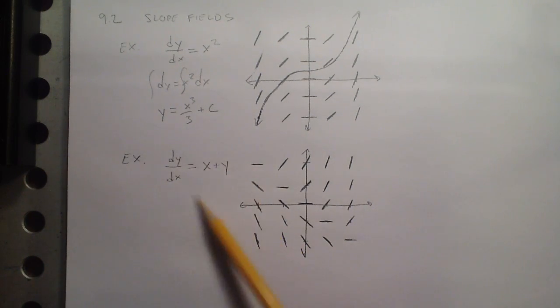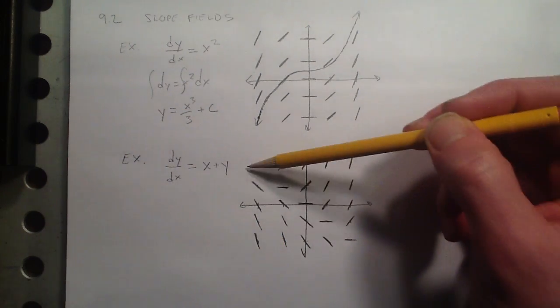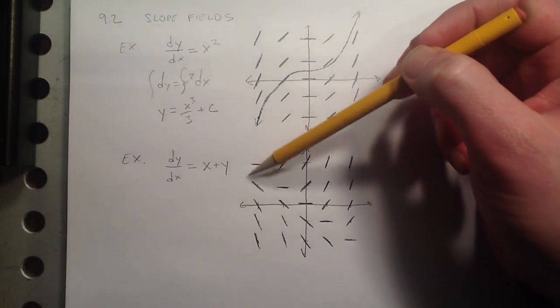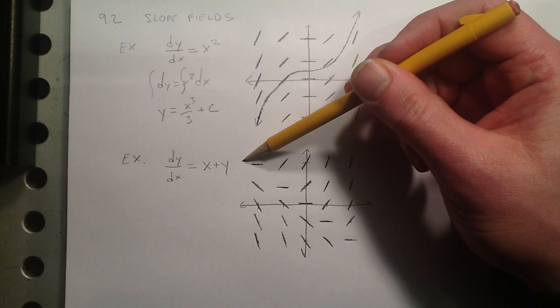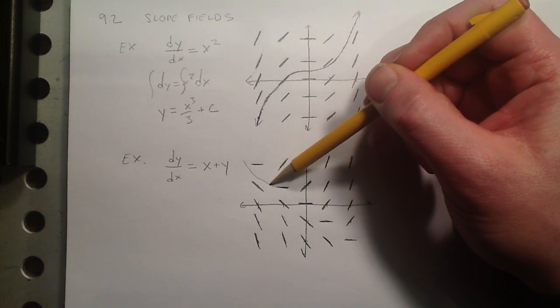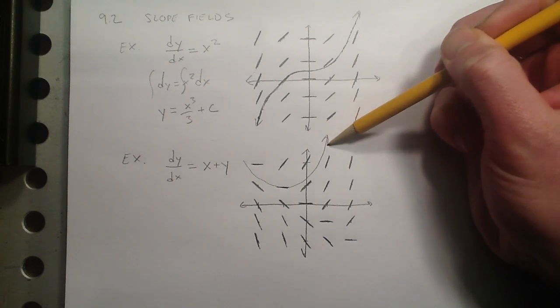So whatever the solution curves for this look like, if we could actually solve for them, they look like curves that do this. They might come in, if I had to sketch one, might come in like this and start to bend up like so.